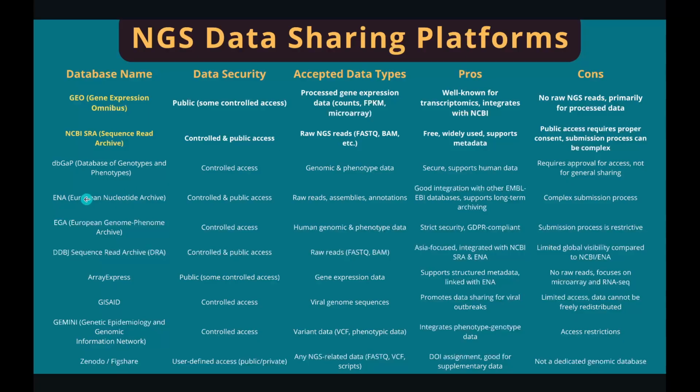The worst of all is ENA and EGA, which also have controlled access, which means for any data you want to download, you have to contact their customer service, and they will never respond to your emails. So if you don't have any particular reason, I highly recommend deposit your data to GEO.